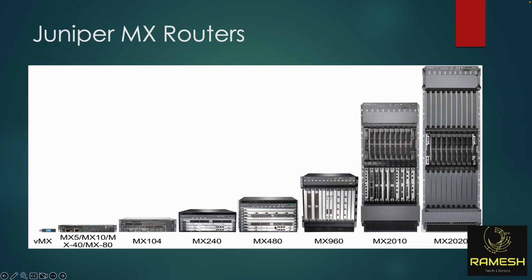Today I'm going to discuss the MX240 or MX480, which are similar to this. If you learn about one device, I will give you the hardware cheat sheet, as I said earlier. You can go through it and understand how many line cards it has, what the interfaces, PICs, MICs and line cards are, the MPCs, DPCs, everything.